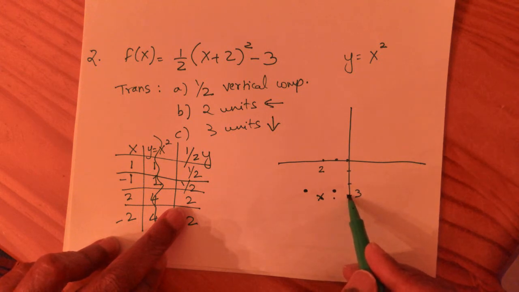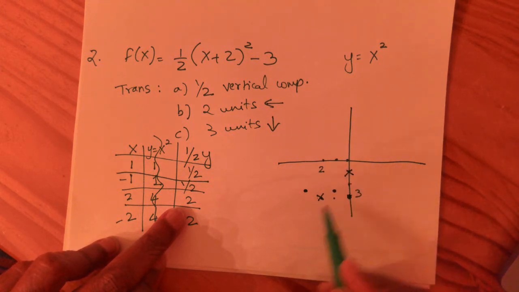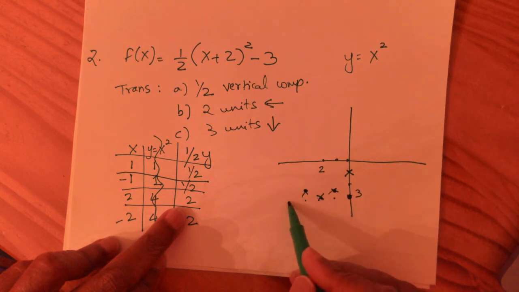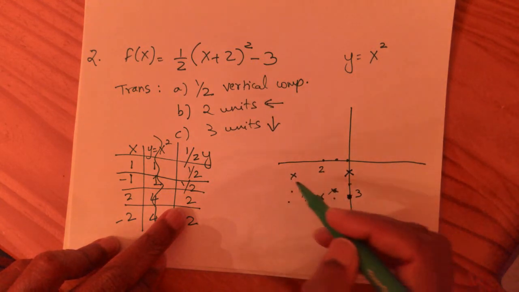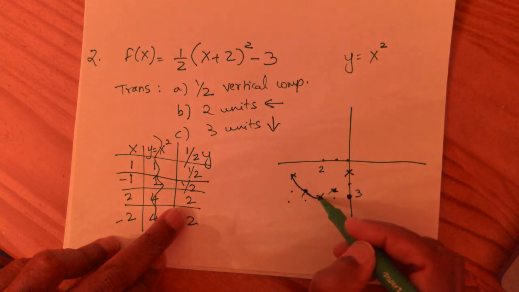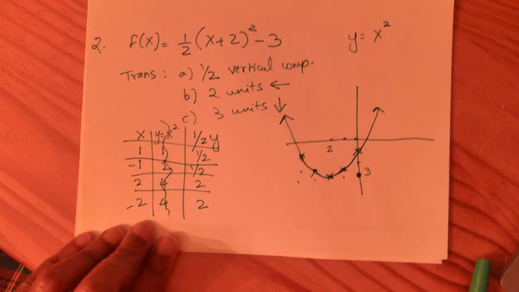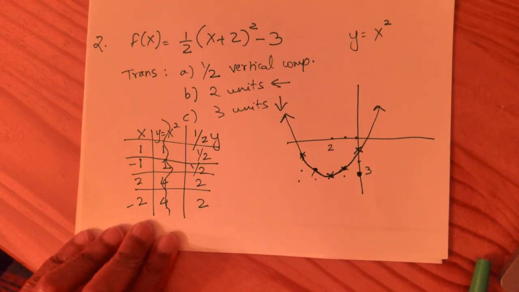Normally I would have moved 4 up, but right now I'm moving only 2. 1, 2. So there's 1 point, this is 1 point. 1, 2, 1, 2. So you will see that it looks much broader. So that is your new transformed graph, which has a vertical compression of half. That means it's growing at a slower pace, half the pace. That means it's broader. It's like when a mountain climbs slowly, it's a less steep mountain. So that's what it is. All right, we're going to stop this.